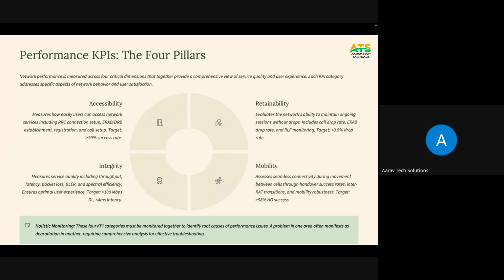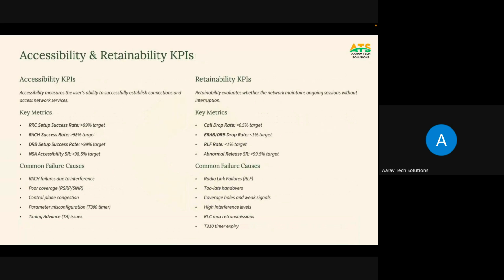The typical KPIs, as I conveyed, are the RRC setup success rate, E-RAB or DRB establishment success rate, VoLTE SIP invite success rate, and for the PDU session, the paging success rate. These are the accessibility KPIs which I have mentioned.